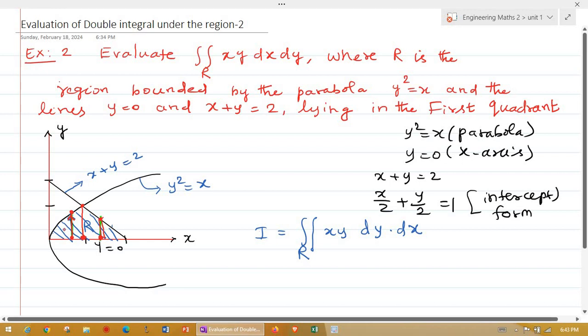So there are two shapes, and we can write them as region 1 and region 2.